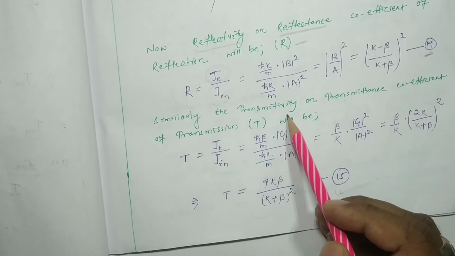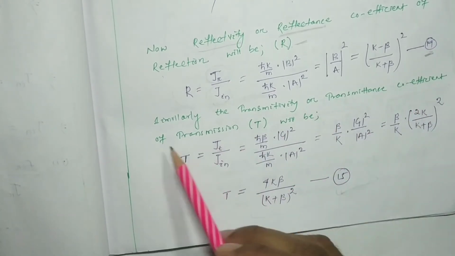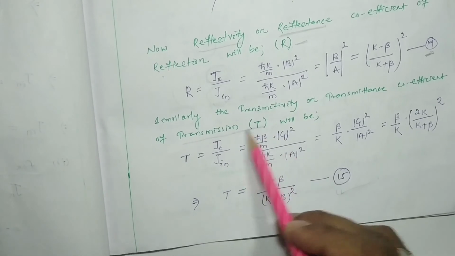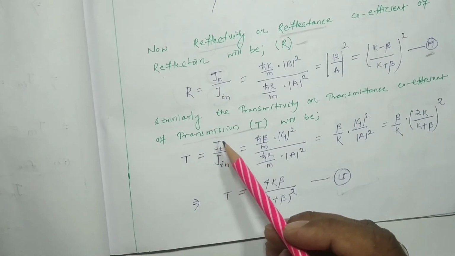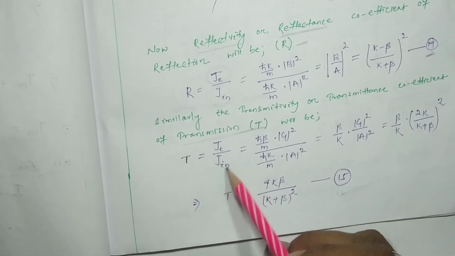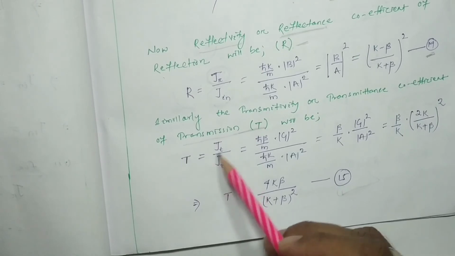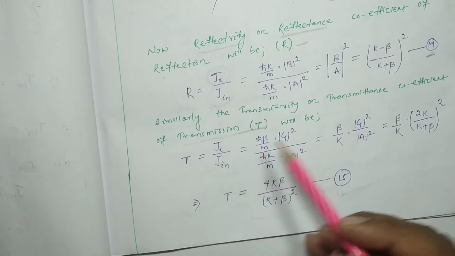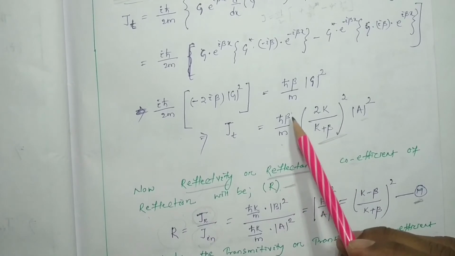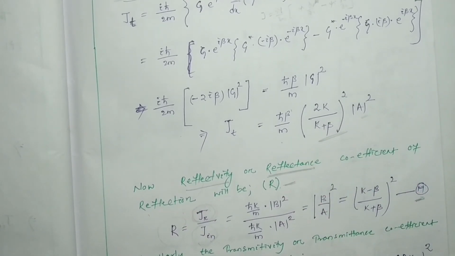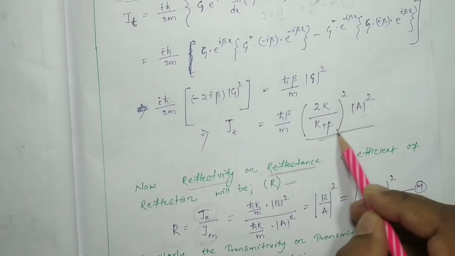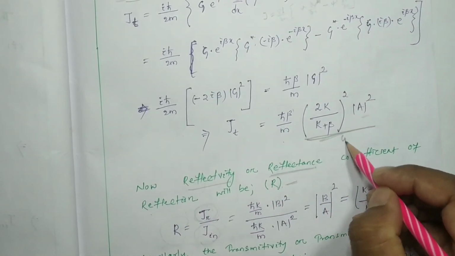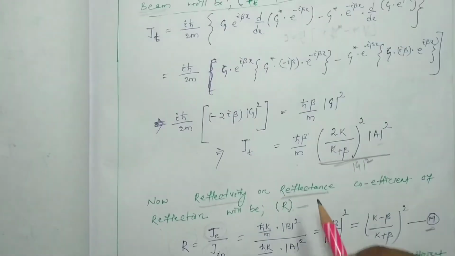Similarly, the transmittivity or transmittance, the coefficient of transmission T, will be equal to J_t by J_in. That means the probability current density of the transmitted beam divided by the probability current density of the incident wave. Here we found J_t is ħβ/m |g|².